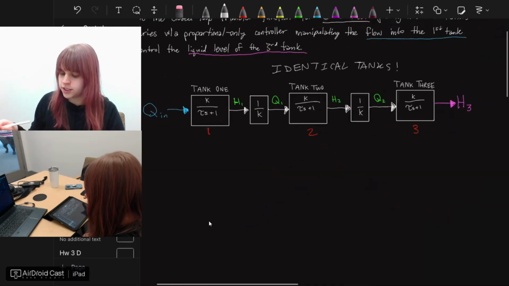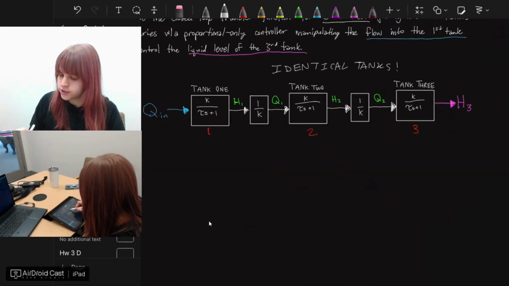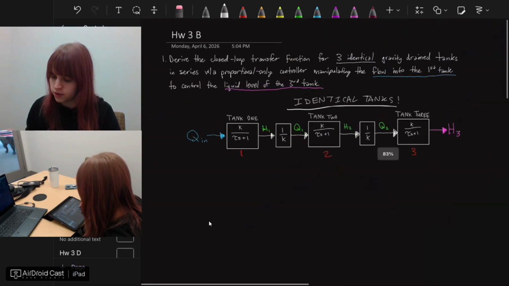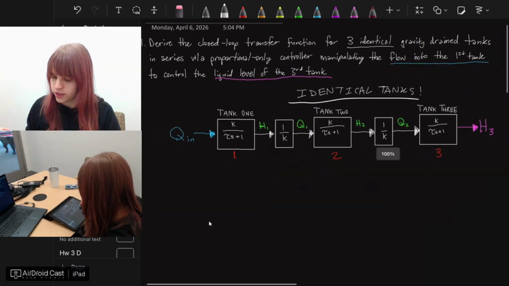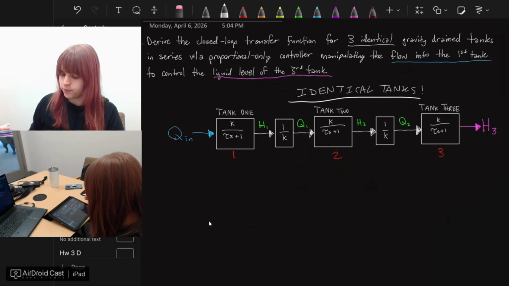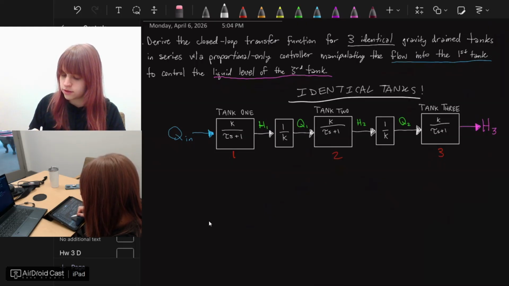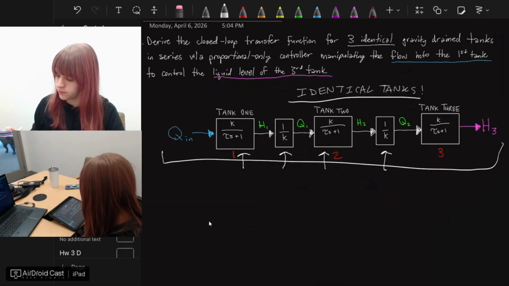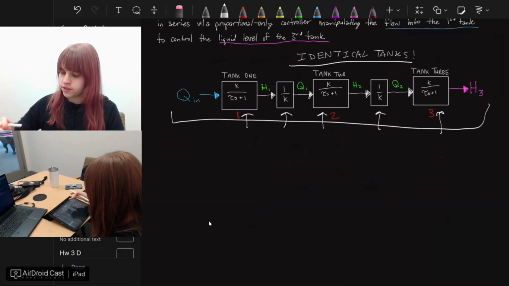So we've filled in our diagram that I wrote out, and now what we want to do is derive the transfer function that covers the entire thing, taking from these pieces that I wrote in. And luckily it's pretty simple.